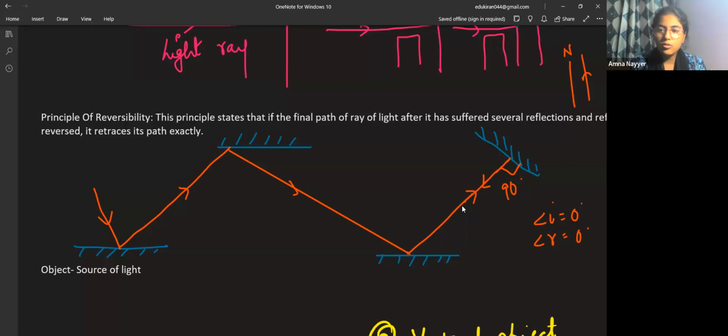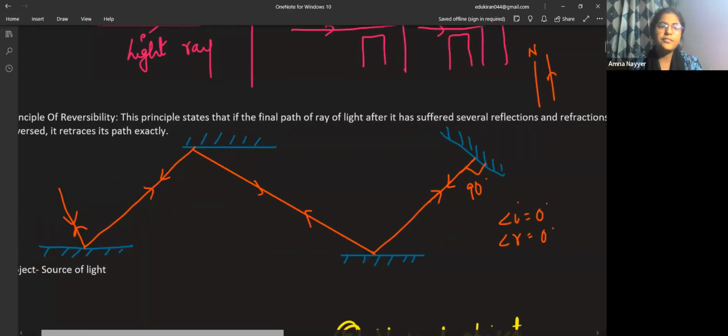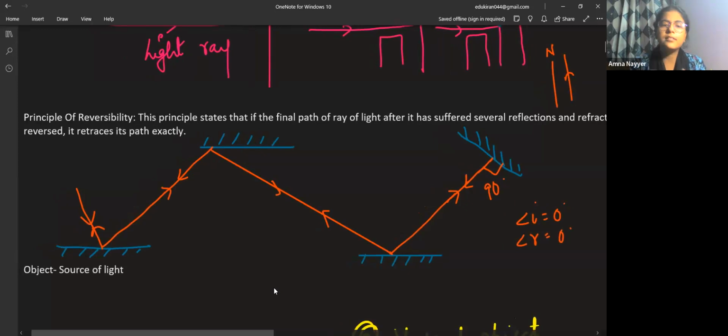So this will go like this, it will strike here, it will go like this, it will strike here, it will go like this, it will strike here back. This is what is meant by the principle of reversibility. This principle states that if the final path of a ray of light, after it has suffered several reflections and refractions, is reversed, it retraces its path exactly.